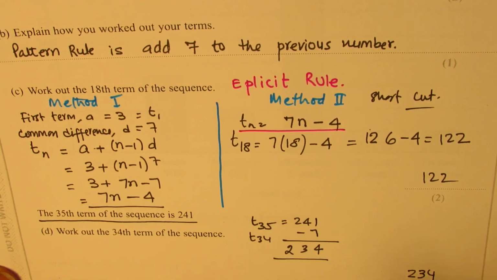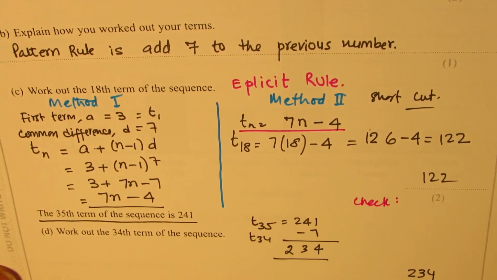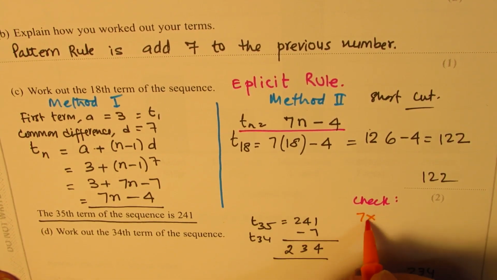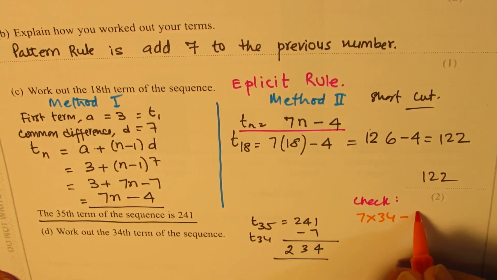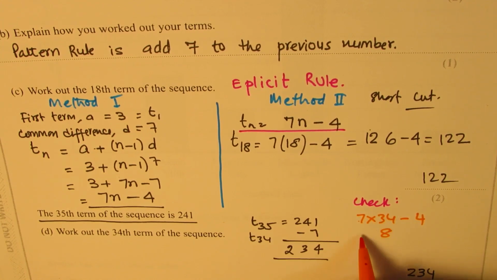So let us check our formula now. We'll work out the 34th term, so 7 times 34 and then minus 4. 7 times 4 is 28, 7 times 3 is 21, 21 plus 2 is 23. From here we'll take away 4, so what do we get?